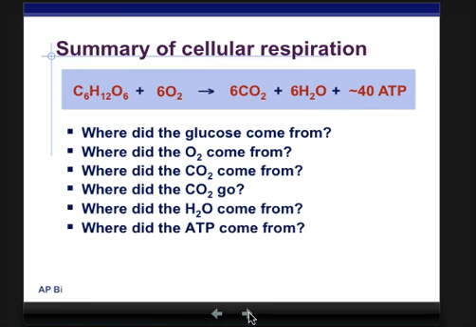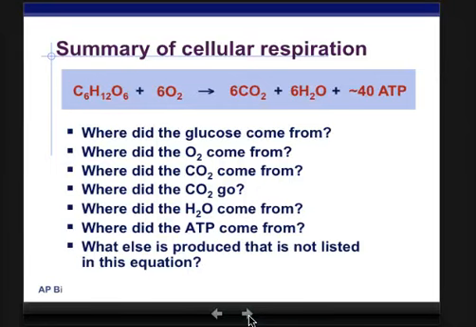Well, we got a little bit from glycolysis, we got a little bit from the Krebs cycle, and we got a ton of it from the electron transport chain. Okay, and what else is produced that is not listed in this equation? Well, we didn't list our electron carriers, which are so important, NAD and FAD, plus some heat that is given off in this process too.